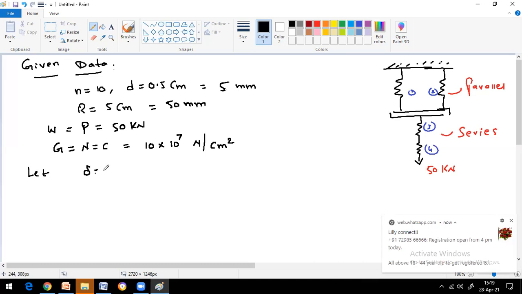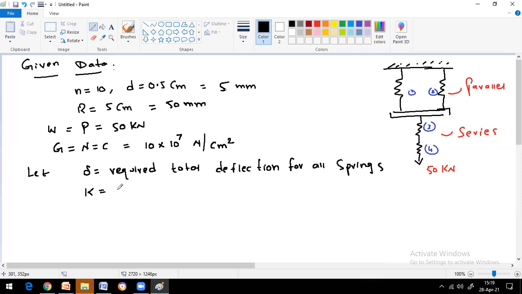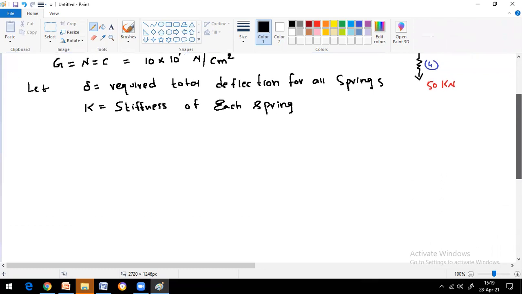Let delta, which they are asking you to calculate, be the required total deflection. So delta is the required total deflection of the whole springs unit for all springs. This is what you have to calculate. Next, what is the stiffness of each of the given springs? Stiffness of each spring you have to calculate. This is what they ask you to do.